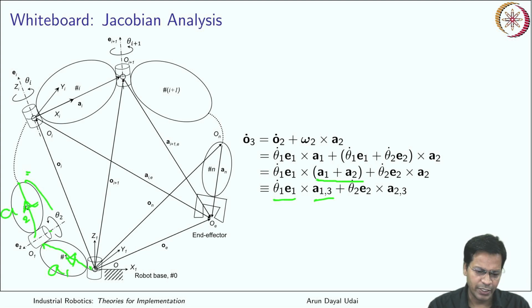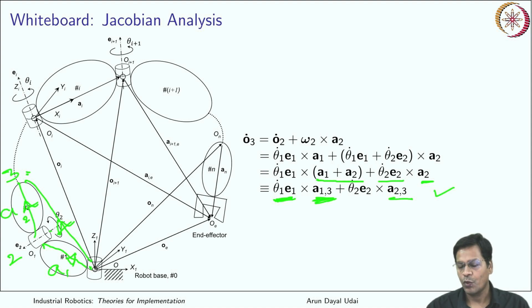This is the final vector that is obtained. A1 to 3 takes you from 1 to 3. This remains as it is. I have simply put this as A2, 2 to 3. It takes you from point 2 to point 3. This is nothing but A2. Got it? So this is your O3 dot.